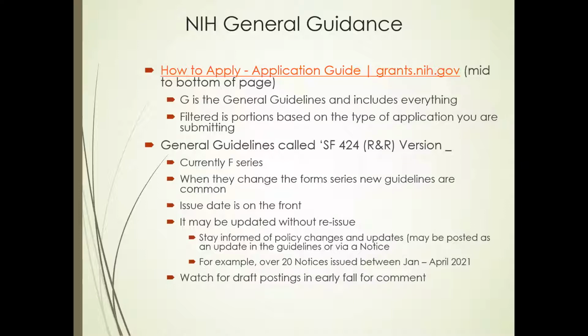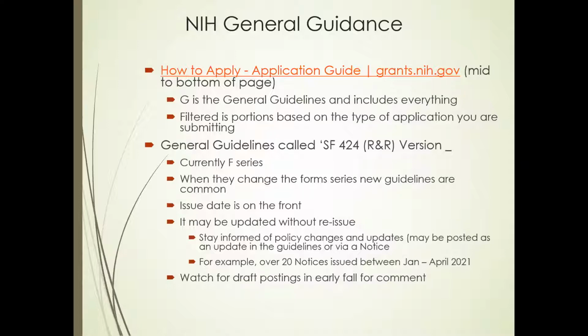So what happens with NIH's general guidelines is they will either make changes to the actual guidelines that are posted, and so you have to look at the changes page to see what has updated, or they'll post notices that have impact on the general guidelines. And if you've ever looked at your parent guidelines, the R01, R21 parents, you'll see on the opening page of those, there's usually a list of notices that might impact what you have to provide for the submission that you're doing.